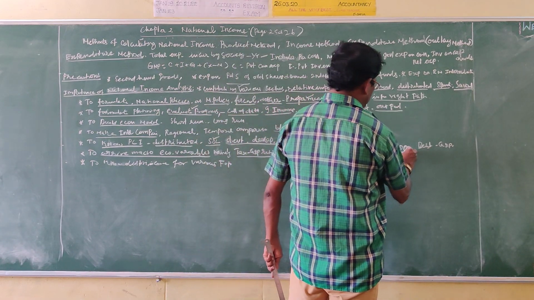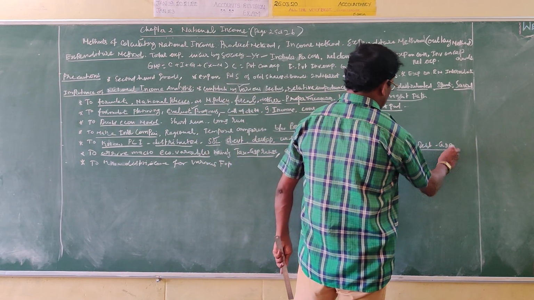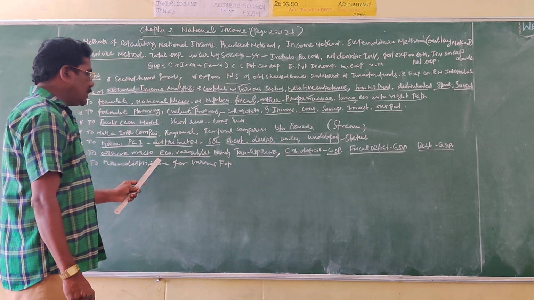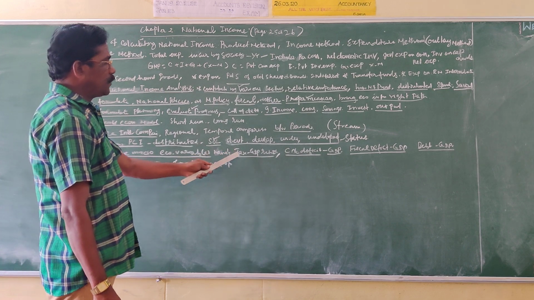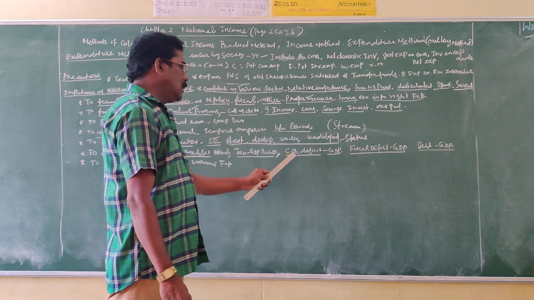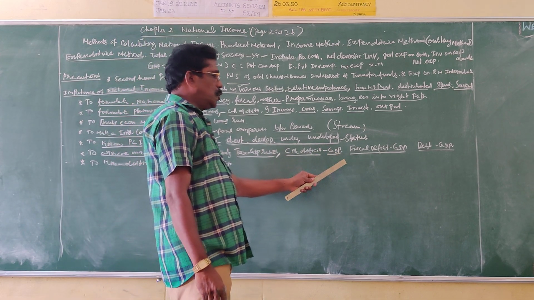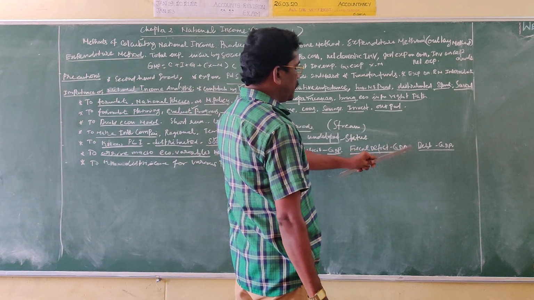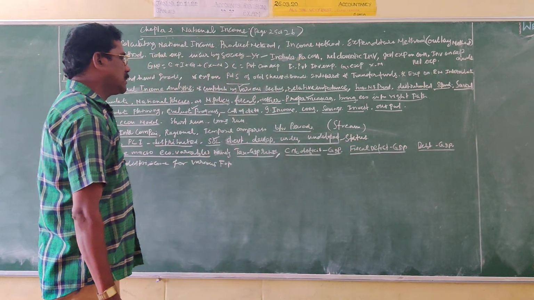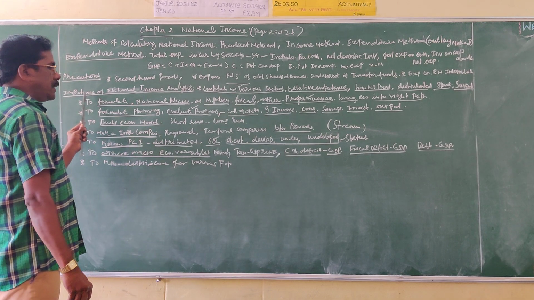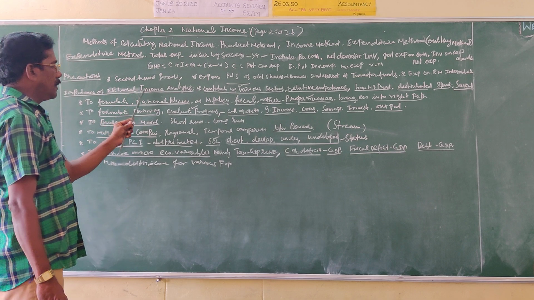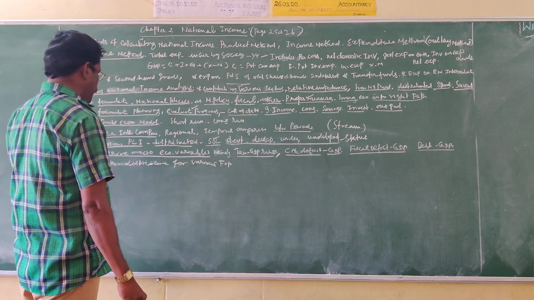Namely, tax GDP ratio, current account deficit GDP ratio, fiscal deficit GDP ratio, and debt GDP ratio. So the macroeconomic analysis is known by these four ratios, which are very much important. It is possible only with the help of the study of national income analysis.